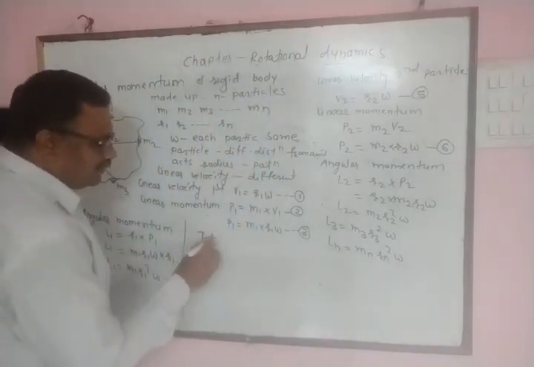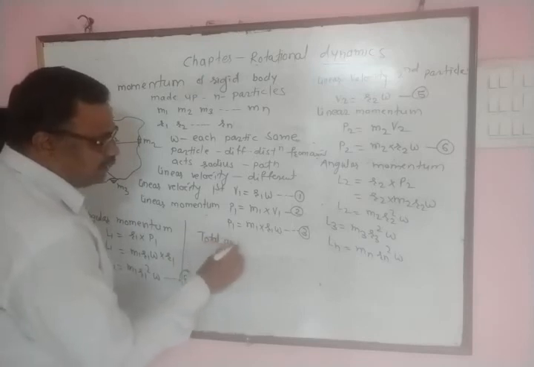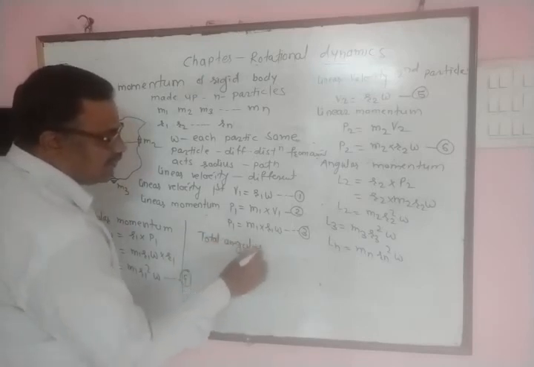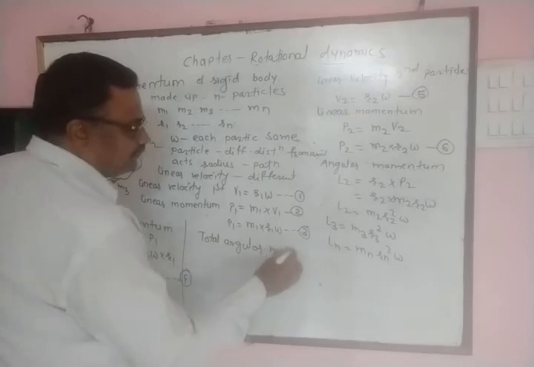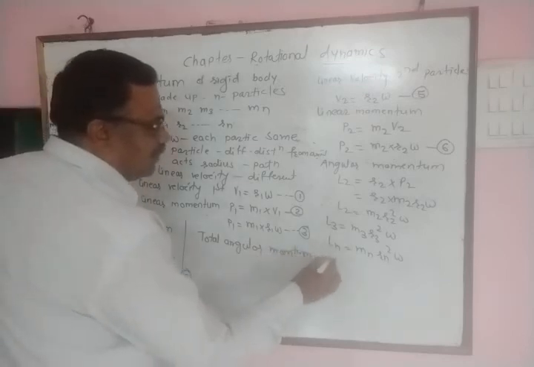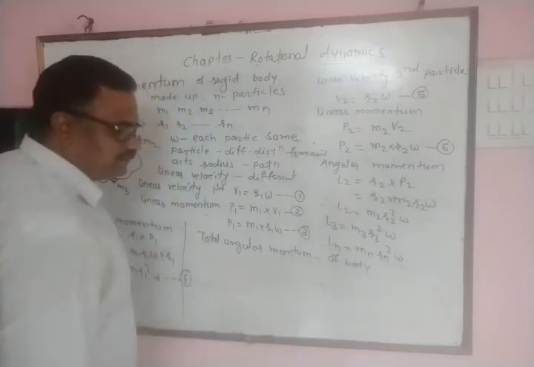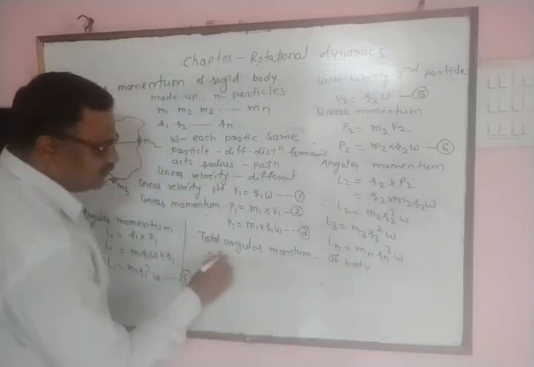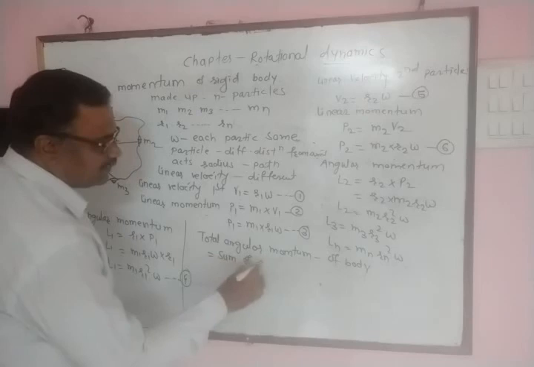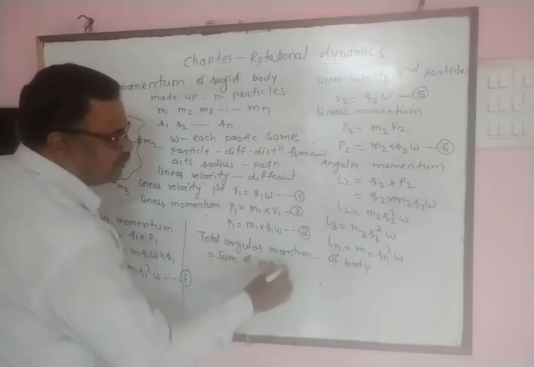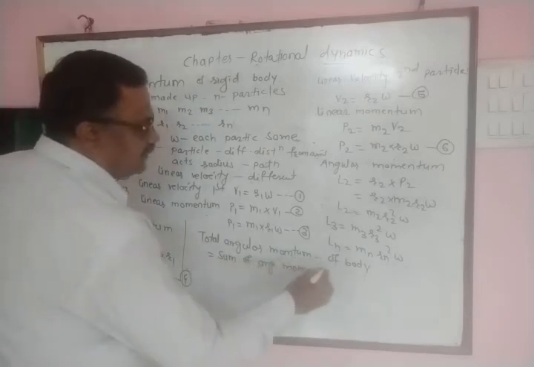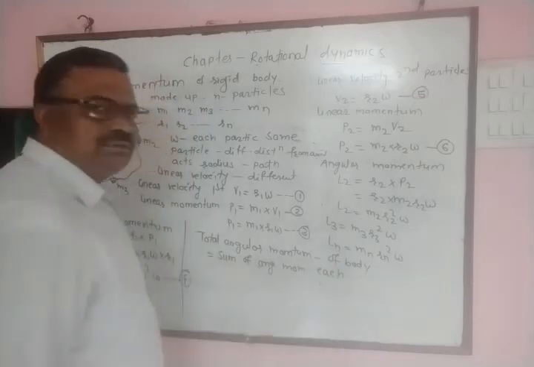The total angular momentum of the complete body is equal to the sum of the angular momentum of each particle.